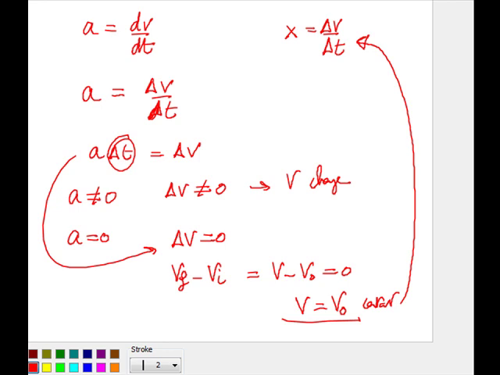Good question from John. If x is equal to v dt and dv is 0, wouldn't x never change? Good point. Let me think about that one.